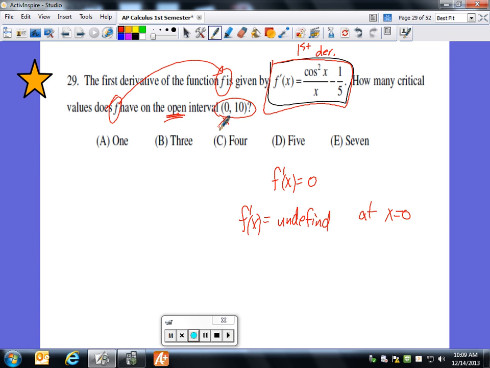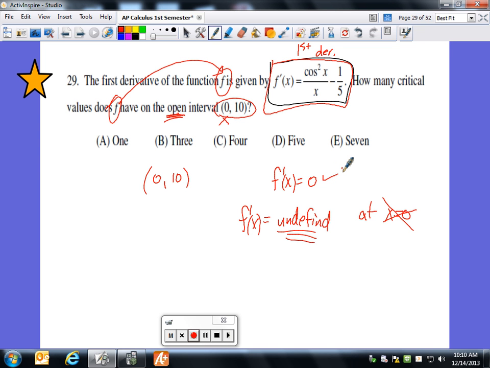At x is equal to 0 it would be a critical number because it's undefined, because you can't divide by 0. However, we're trying to see on the open interval from 0 to 10, so we will not include this, just like we won't include 10. So from 0 to 10, we're only going to see where all of them are equal to 0. There aren't going to be any other undefineds.